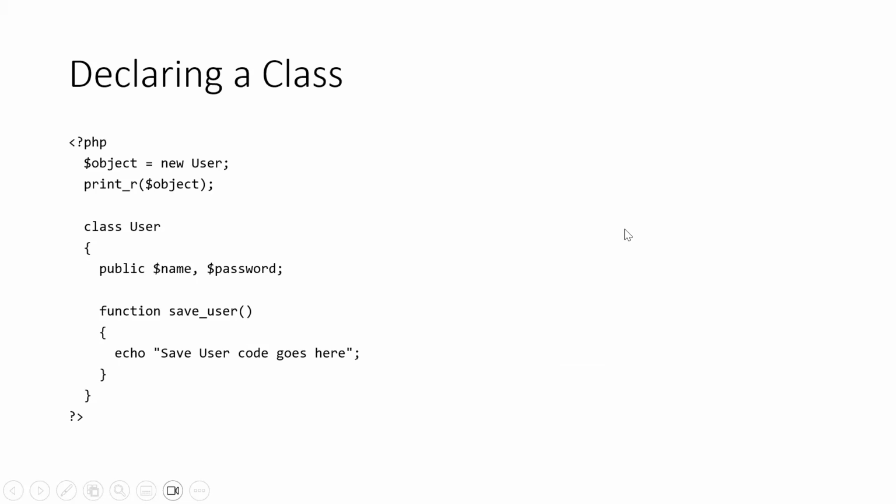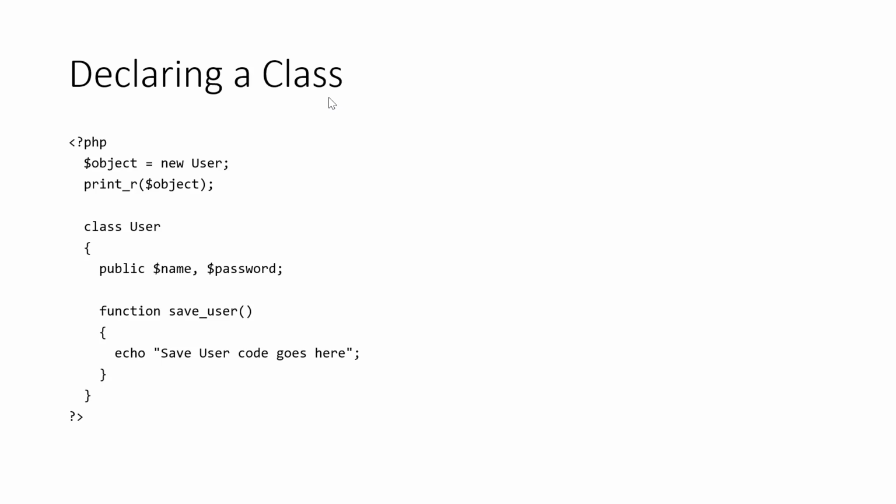So for example, if you look at how you may declare classes in PHP, we can have a class statement. In this particular case, we are creating two attributes, name and password, and the methods, where you will have save user.